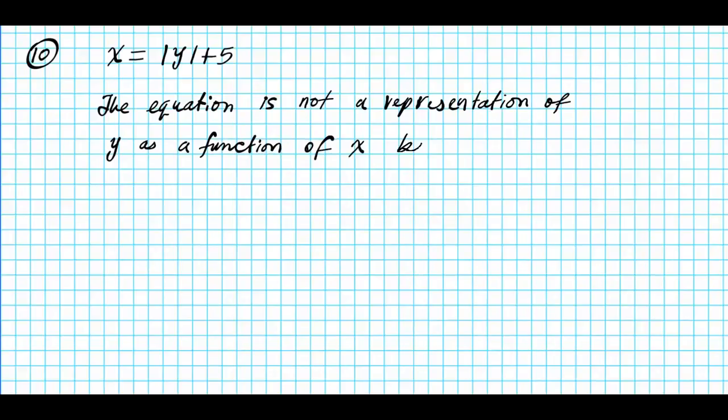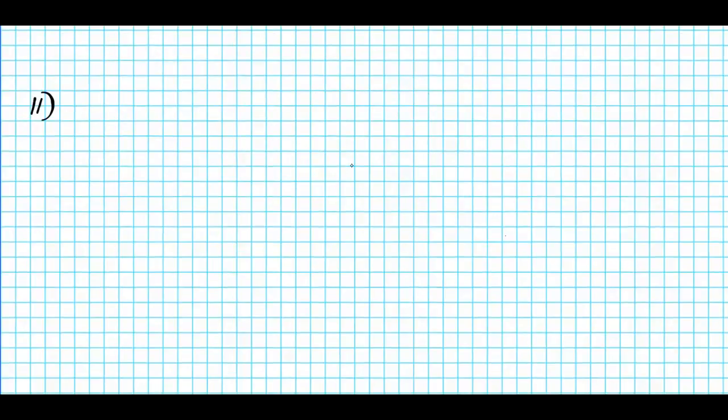Because of what? Because y, the output value, has absolute value bars. Okay, absolute value bars. That's an automatic disqualification. Okay, now what if we have the scenario x equals 4?